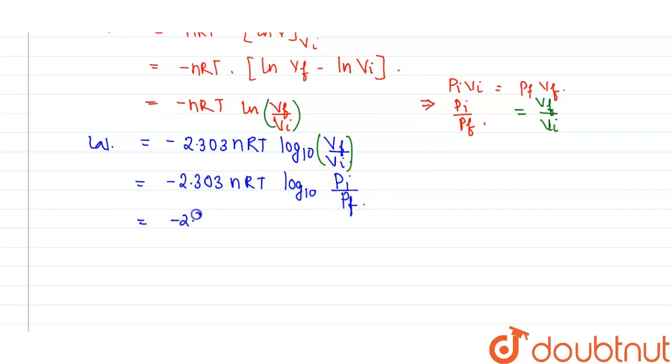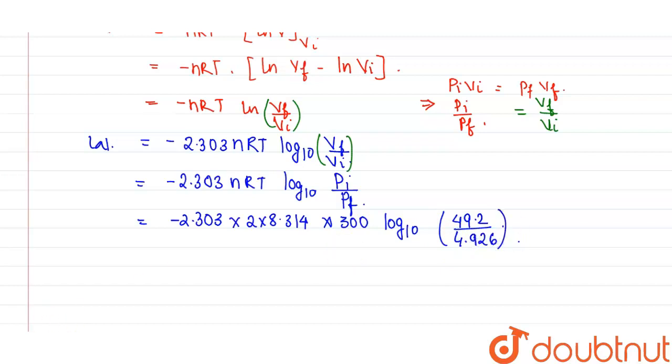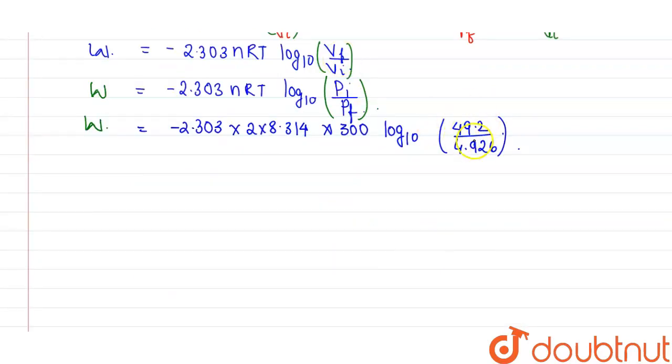Now in this, 2.303, n is 2, R we take as 8.314, temperature is 300, log base 10 of Pi, which we have just calculated as 49.2, by Pf, which was given to us as 4.926. If we take the approximate value, this ratio comes out to be 10.